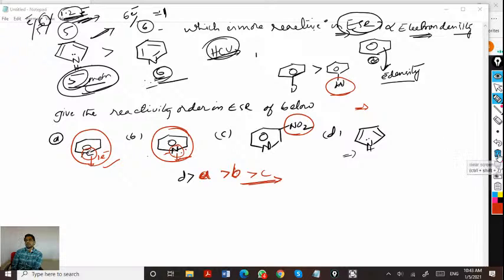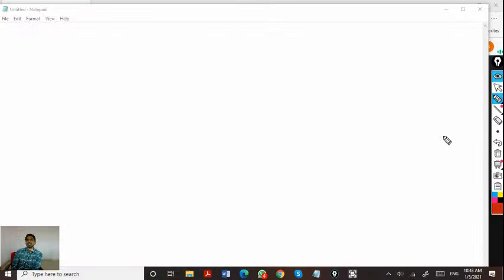Here I want to give one more question, exactly similar to this. Let's write the order of electrophilic substitution reaction of the following.